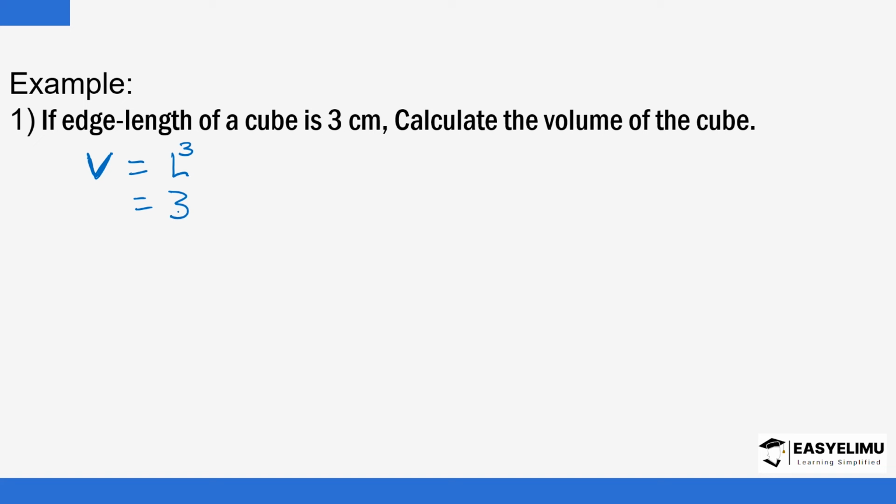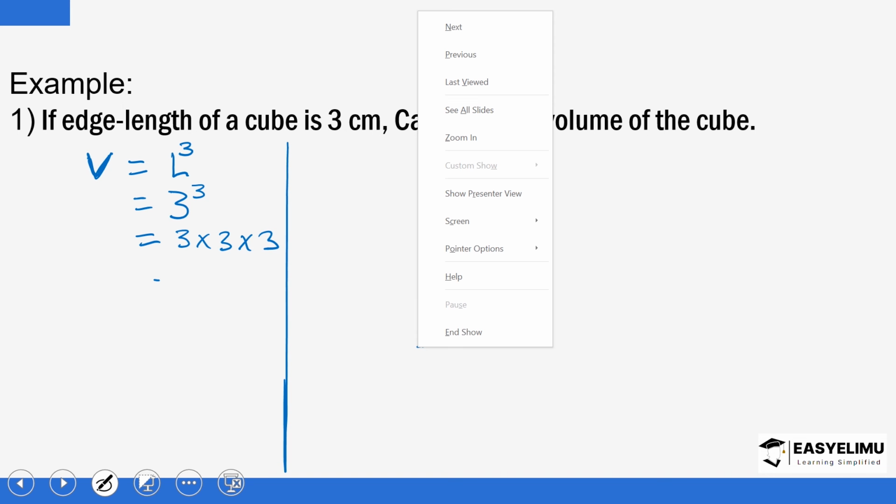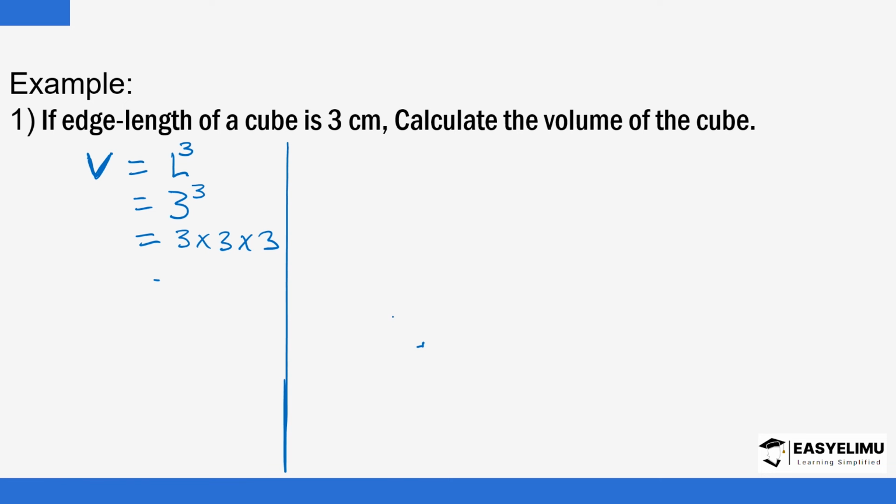Our L, the length of each edge, is 3, so 3 cubed. 3 cubed means 3 by 3 by 3. If you multiply the first two, 3 and 3, that is 9. And then you multiply by the last 3, so 9 by 3 is 27.